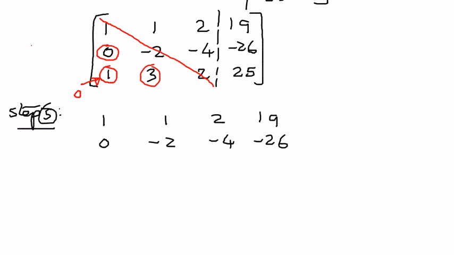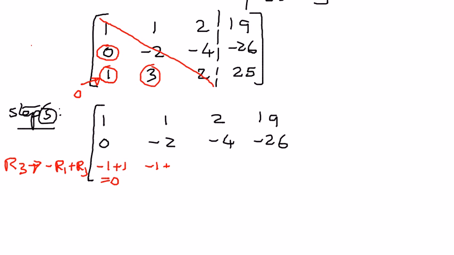And then in here we're going to say the new R3 is going to be equal to negative R1 plus R3. So that will be negative 1 plus 1, which is equal to 0.